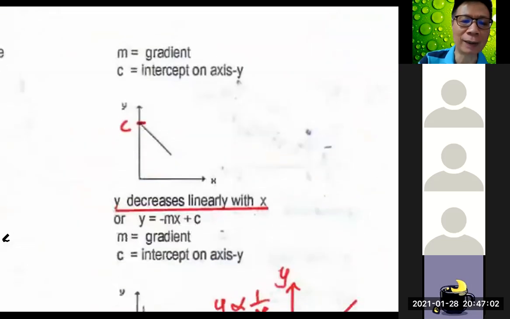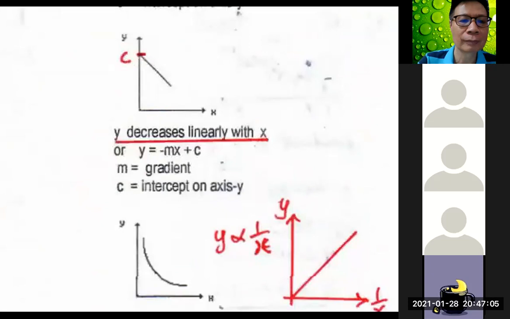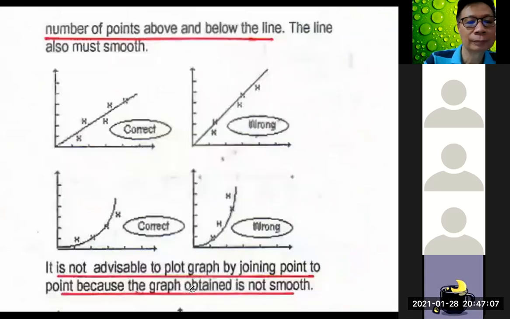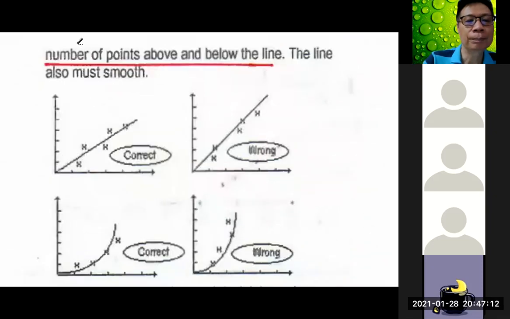Now you see what is the meaning of line of best fit. You see here, a balanced number of points above and below the line. This is correct. This graph is wrong. Why? You see the difference. This is a best straight line where 2 points are above the line, then you have 2 points below the line, which is balanced.